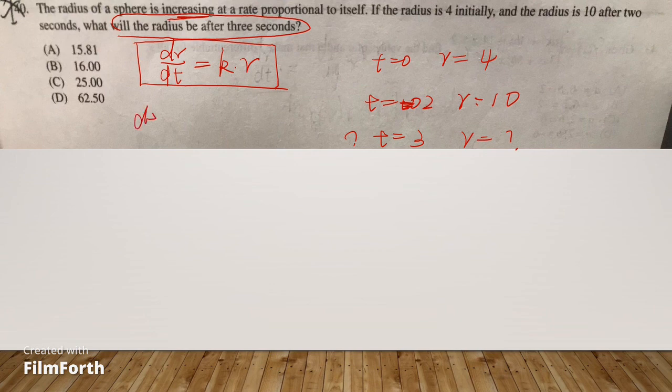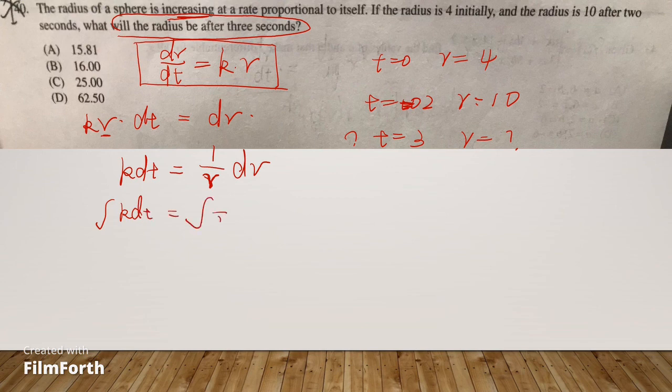So dt times kr equals dr, and to separate the variables, we need to move the r to the right, so k times dt equals 1 over r times dr. Now we need to integrate both sides. We just need to integrate both sides.